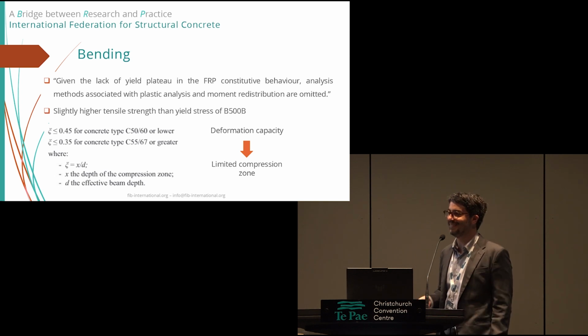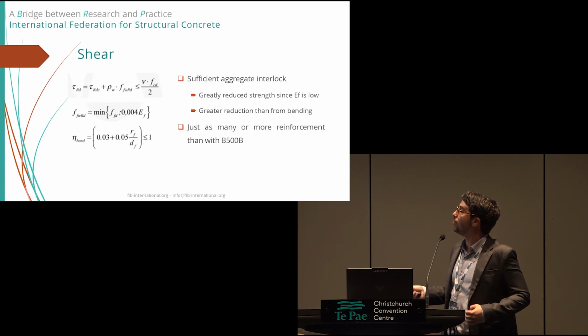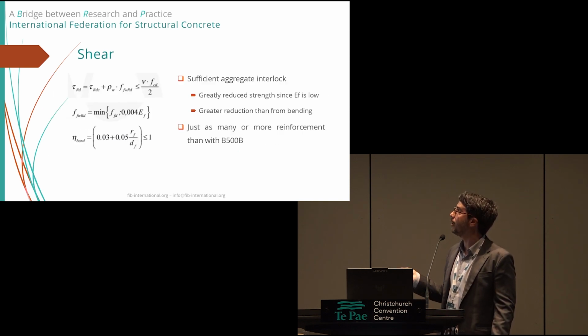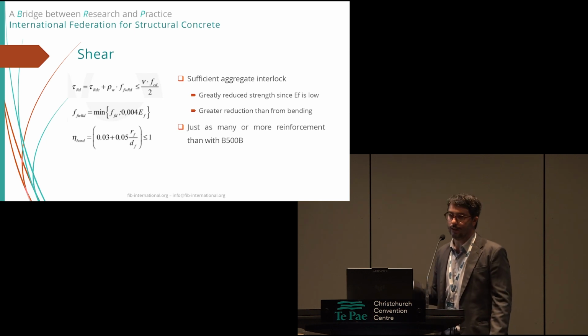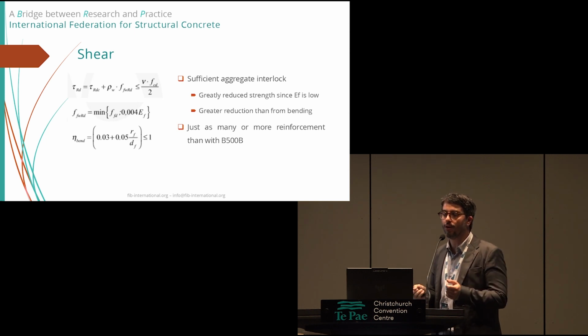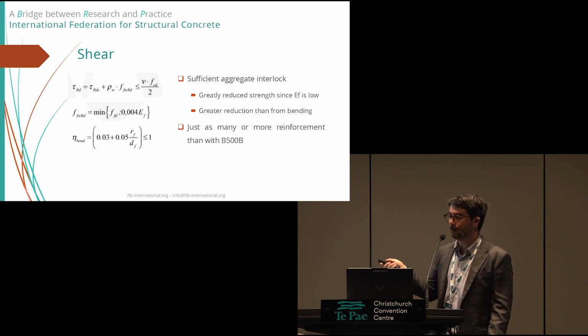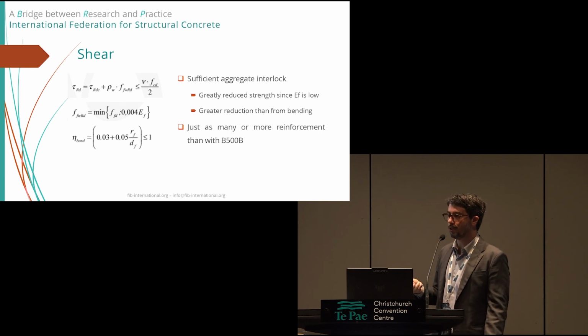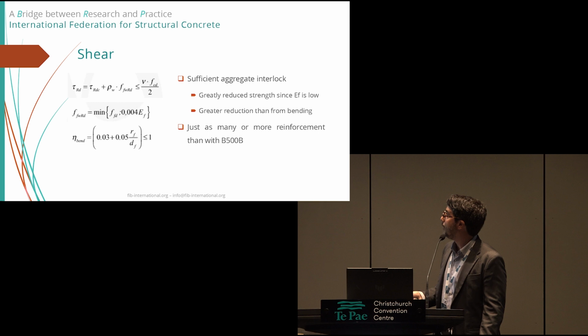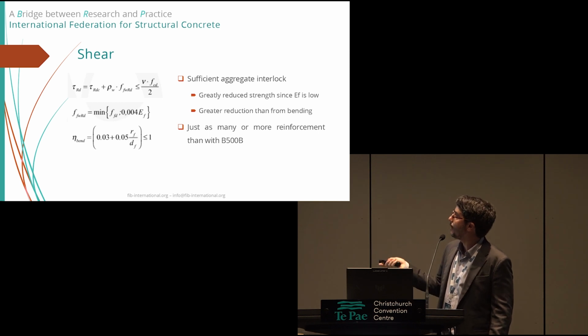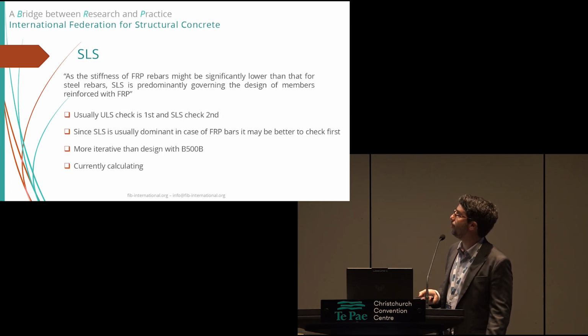Also, to have sufficient aggregate interlock, because of bending of the fiber reinforcement, they reduce the strength of the FRP a lot. So this is the case that Georgi just mentioned, and it's going to be addressed also in these examples with the numerical part of it. And yeah, this is it from their side.